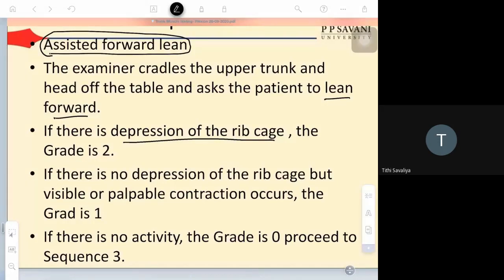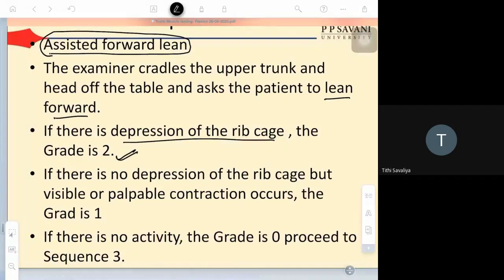If the patient is able to lift the head and not clearing the scapula, then you conclude the grade is 2. Suppose he cannot lift the head, then you give support and ask the patient to lean. When the patient is trying to do the procedure, if there is depression of the rib cage, then also the muscle power is called 2.